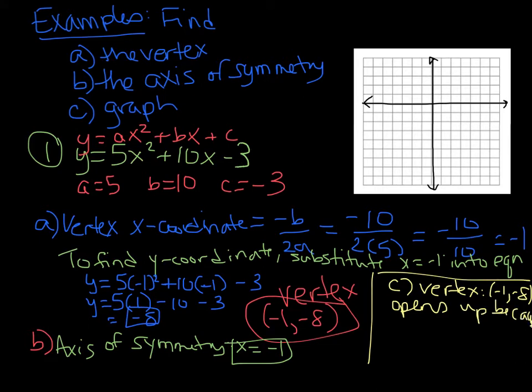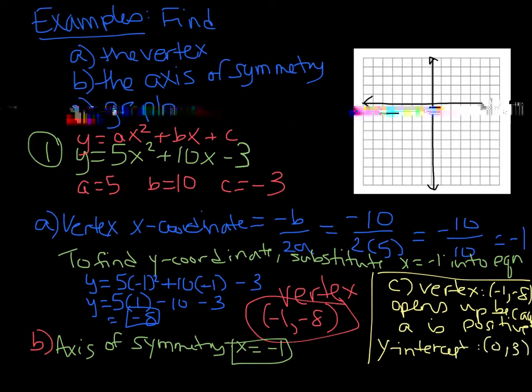And that's going to help me a lot. The last thing I know is from my c, I can find my y-intercept. So I know my y-intercept is going to be at 0, negative 3. And once I have all those, I can graph.